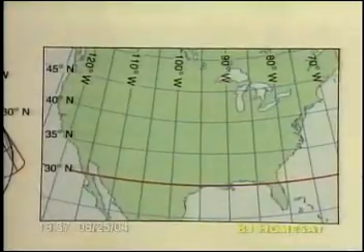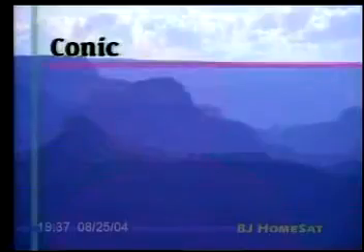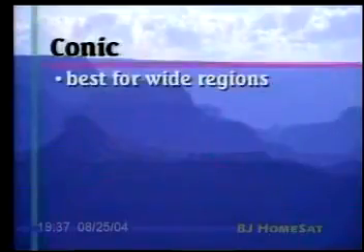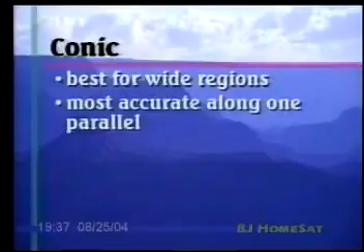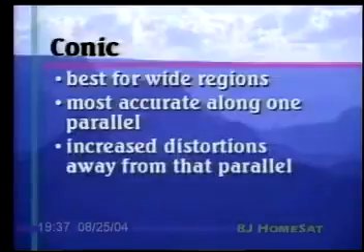Now, the conic projection is best for wide regions, like the United States or the Soviet Union. As I said, it's most accurate along one parallel, and again, the distortions increase as we move away from that particular parallel. Okay.